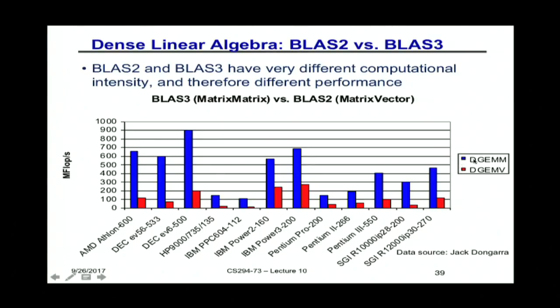The blue one is DGEMM, the double precision matrix multiplication in BLAS, and the red one is double precision GEMV, the matrix-vector multiplication. The vertical axis is the megaflop rate, so higher is better. You can see that on all the machines, DGEMM gets a much higher megaflop rate than GEMV. It can be a lot faster in terms of getting peak performance.